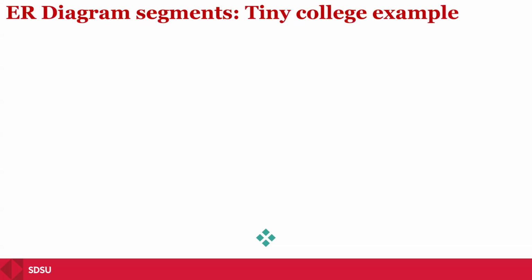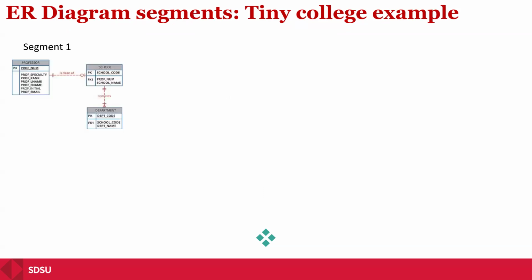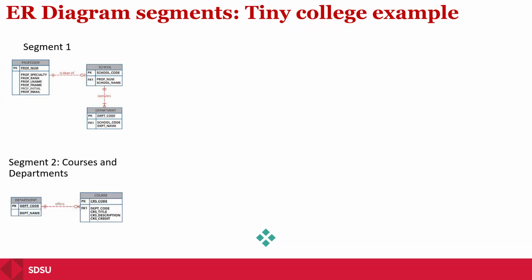All right. So let's look at the different diagram segments for a small college. The first segment is professors working for departments and schools. Then we have courses and departments.